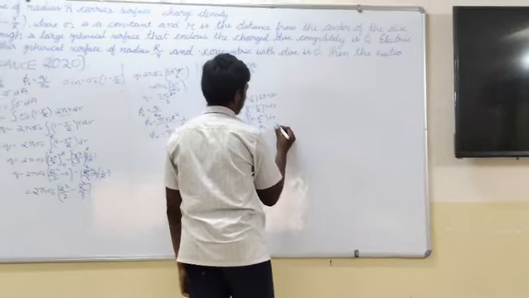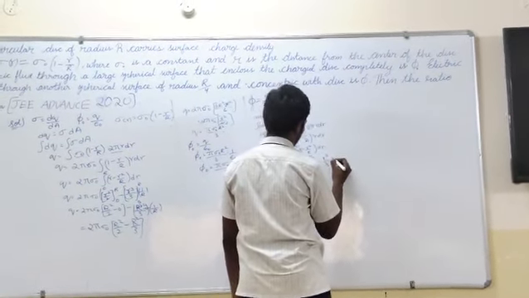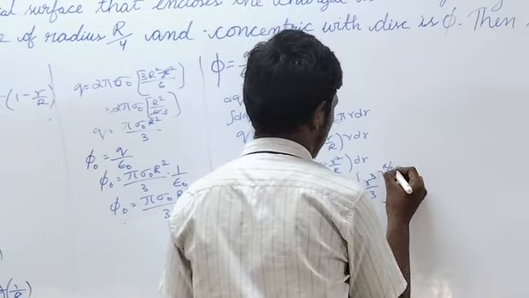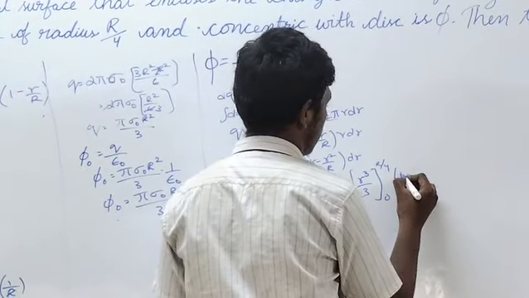Integration of r square is r cube by 3, upper limit R by 4, lower limit 0, into this constant 1 by R.